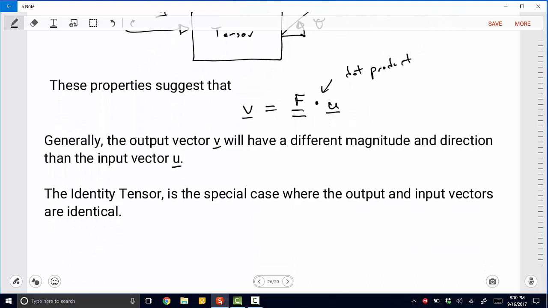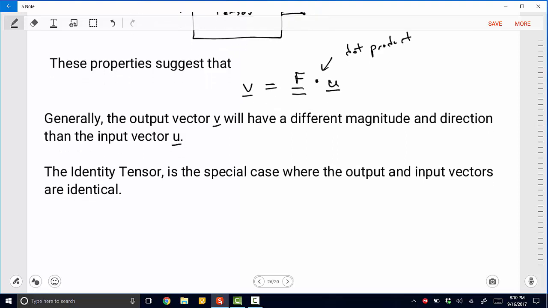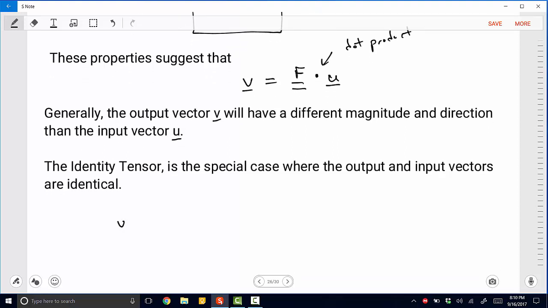Now there is a special case where the input and output vectors are identical. We're doing the dot product of the input vector with respect to our tensor.